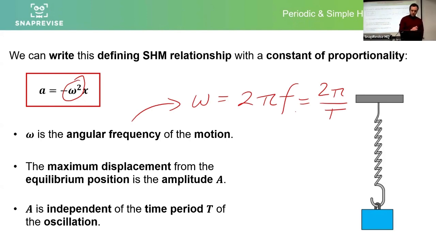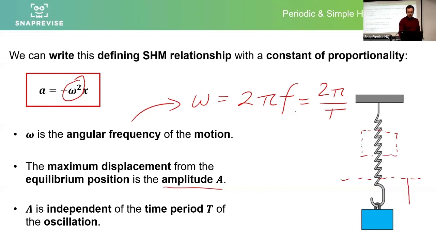The maximum displacement from the equilibrium position, we are also going to define as A. So for example, if I have a mass on a spring, and I pull it down and then I release it, it's got an equilibrium position here. And perhaps its maximum position is up here. Ding, ding, ding, ding, ding. It sort of springs back and forwards.